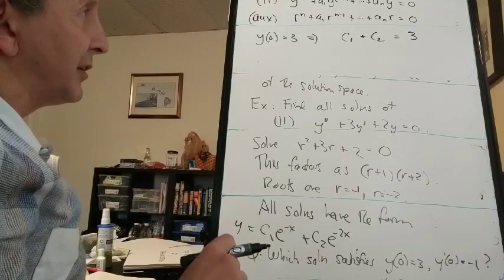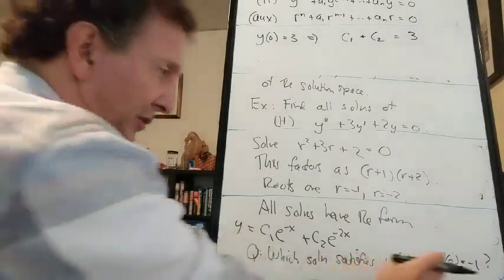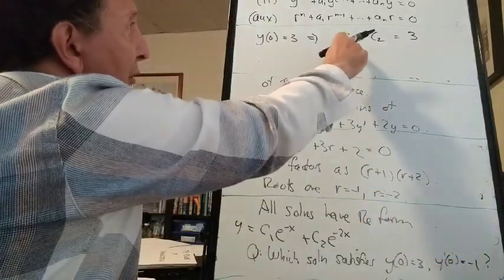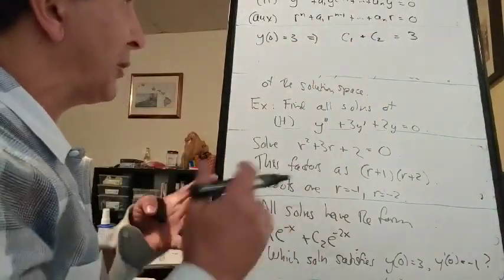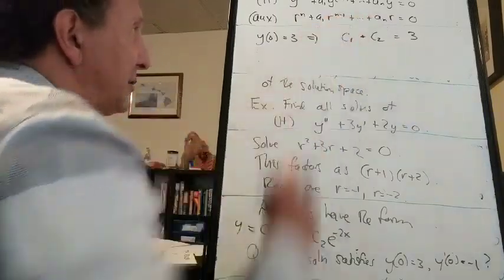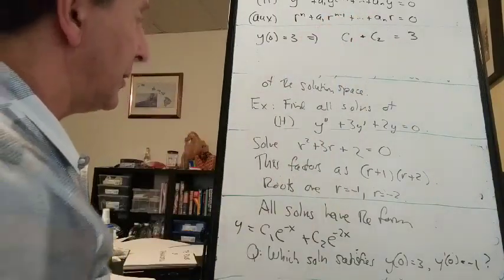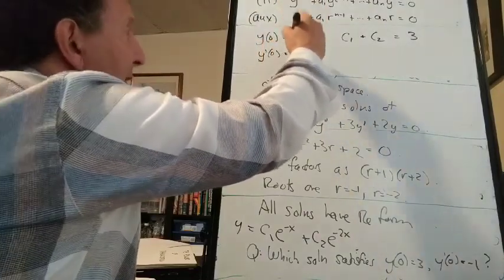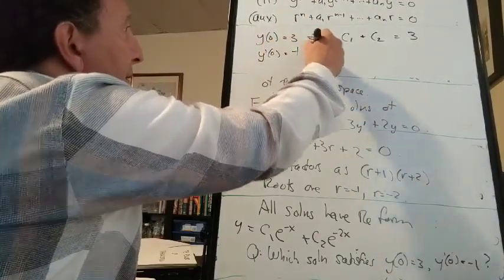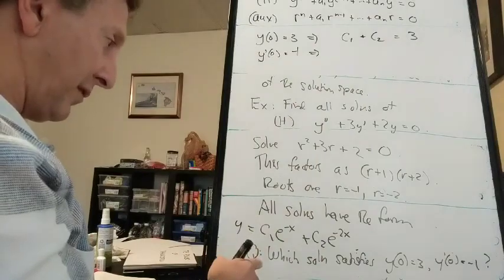All right, so that tells us that the coefficients C1 and C2 add up to 3. Of course, that's not enough to figure out what C1 and C2 are because there are infinitely many solutions of that equation. But knowing that the derivative is -1 means that, what's the derivative of this?